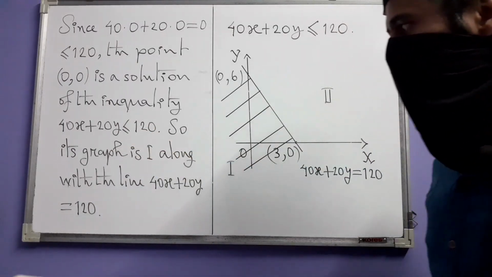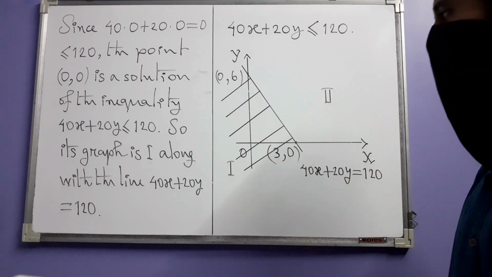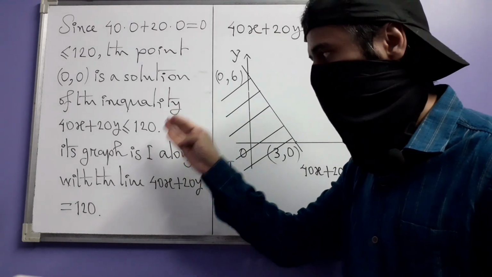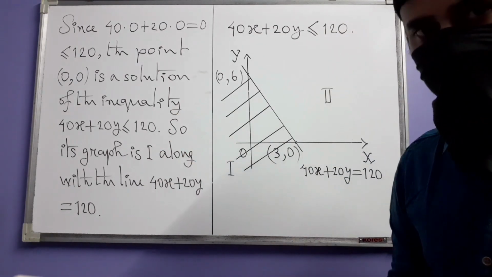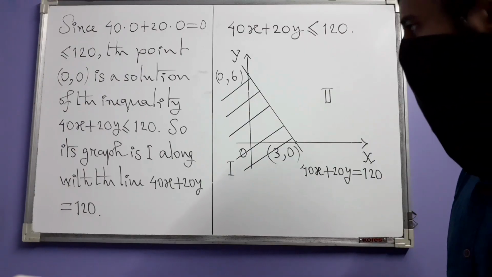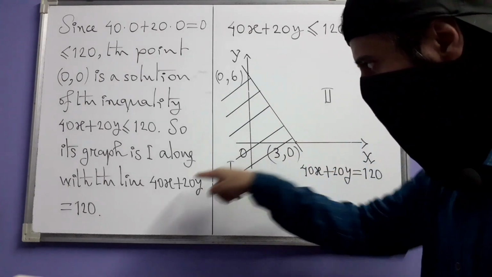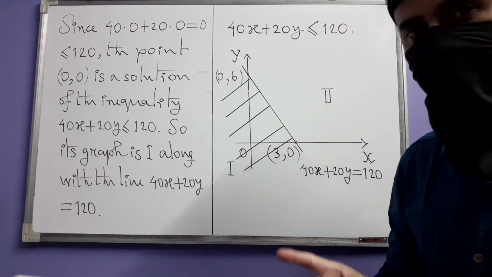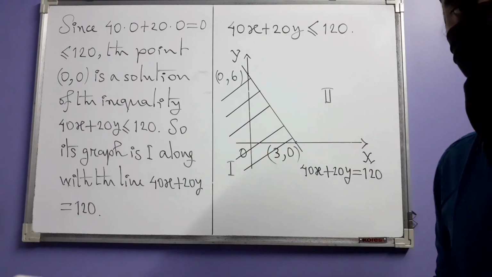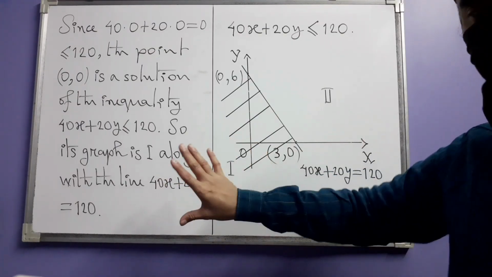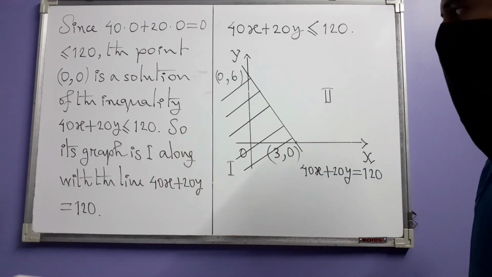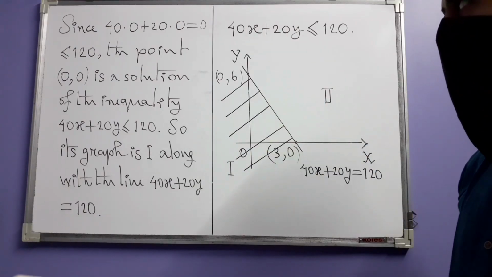So the graph consists of all points in the plane which lie below the line, along with all the points on the line. That's how you can write the final conclusion. So that is the graph of this inequality.